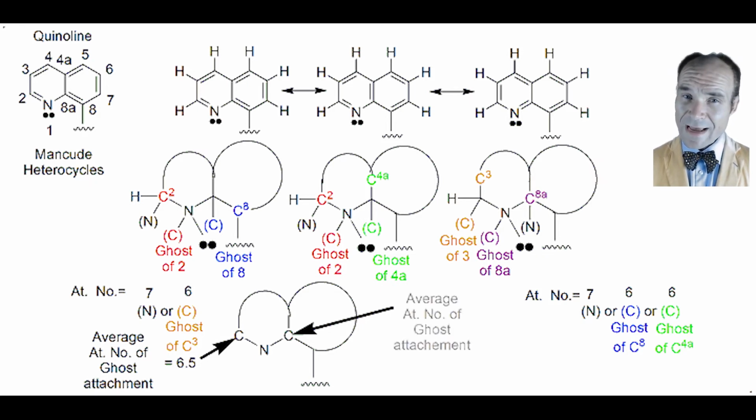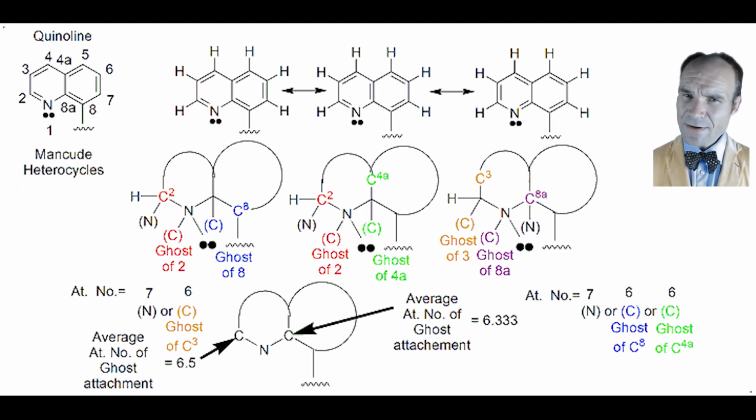So we want the average of a 7 and a 6 and a 6. That would be 6.33. Note, not 6.5.